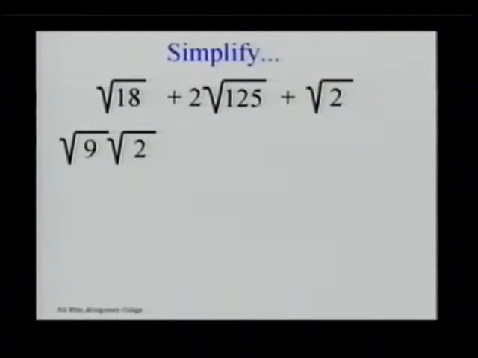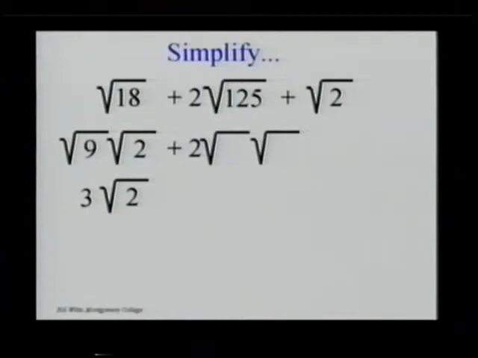So I've simplified square root of 18 to 3 radical 2. Now let's get the next one. Let's break 2 radical 125. Let's break up that radical into good and evil. The good, 25, and the bad, in this case, 5. Now, radicals don't talk to numbers.